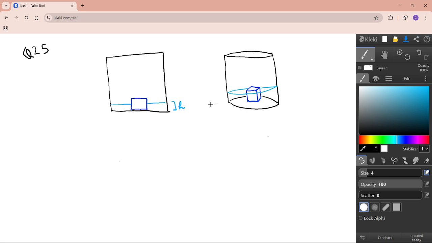Let me write all the values. So this is the radius r that's given, and we've been given the edge. We're not given the density of ice actually, so we do not need it for this question. So first I'll solve it the right way, then I'll solve it the wrong way.